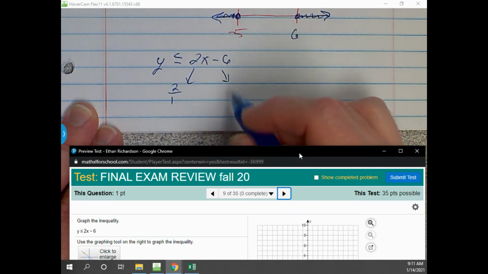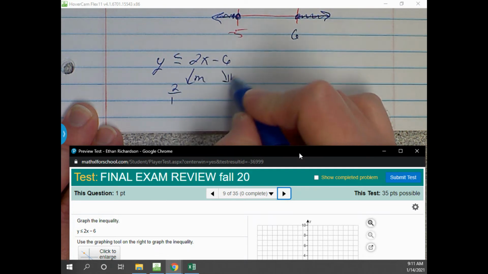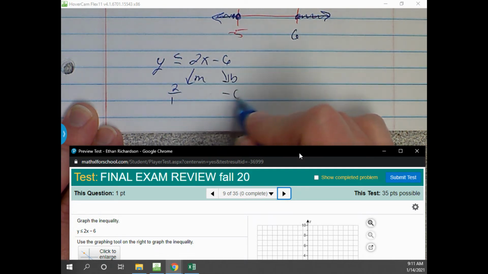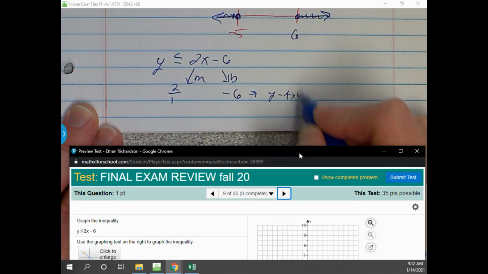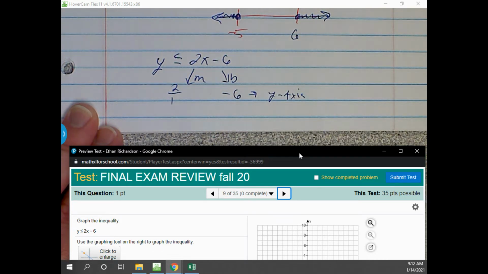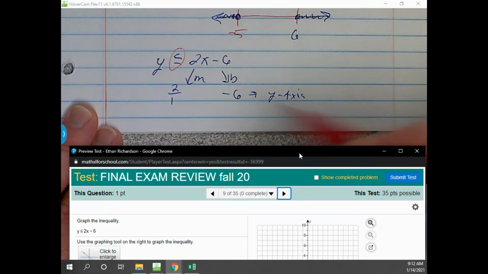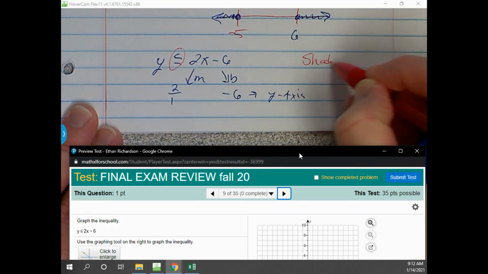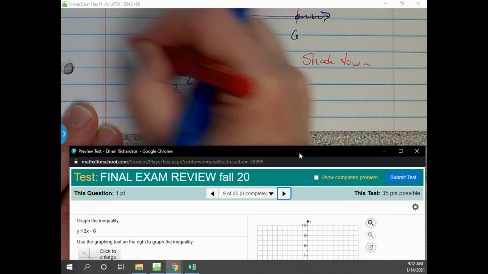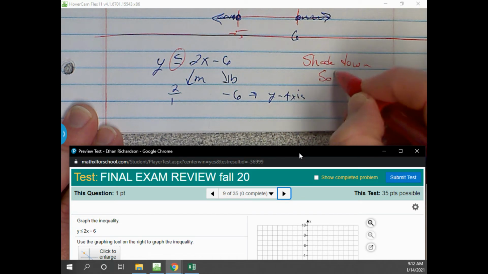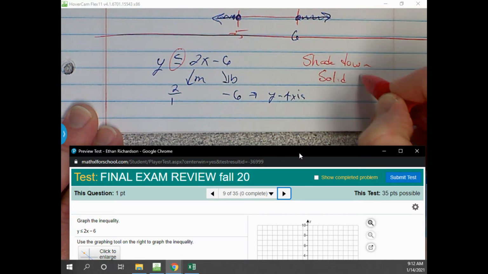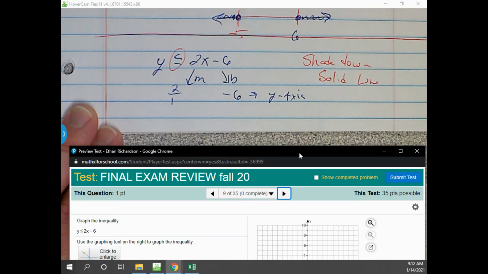The -6 is your b value. Again, that tells you where to begin, so we're going to begin at -6 on the y-axis. And then the inequality sign tells you what to do. It's less than, so we have to shade down. And because it's got the bar underneath it, that means it's going to be a solid circle, or a solid line in this case, because we're graphing this thing.